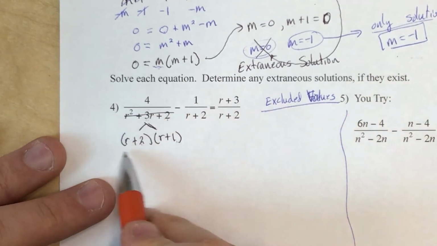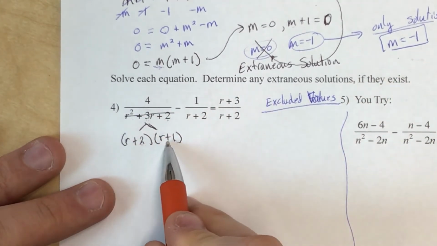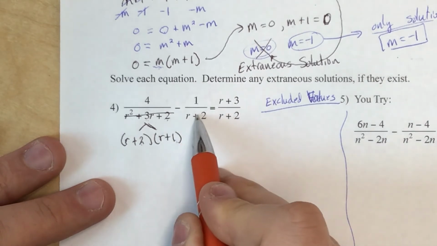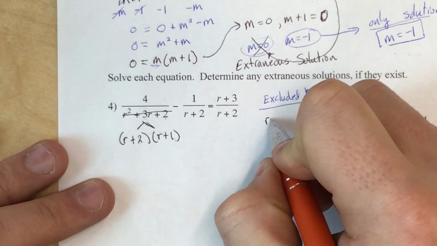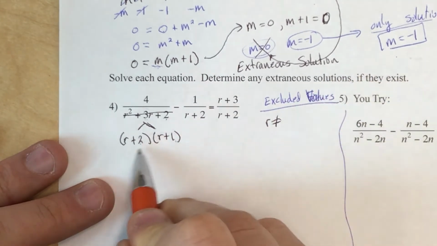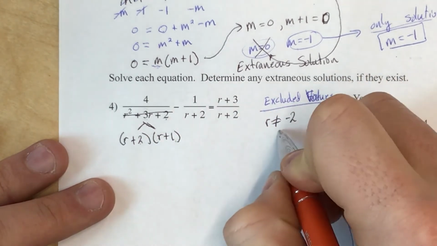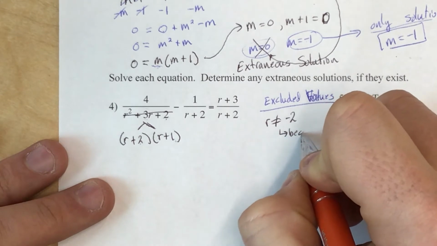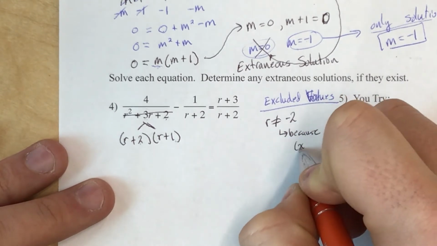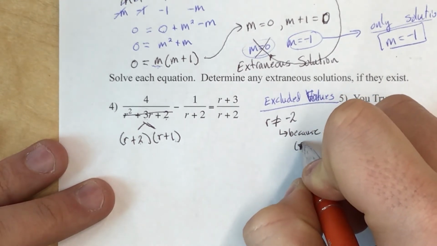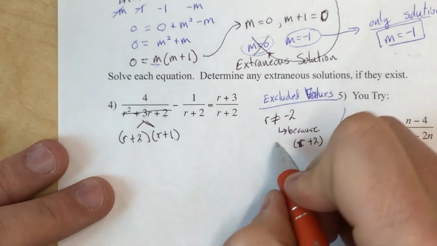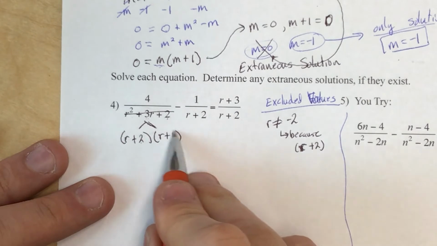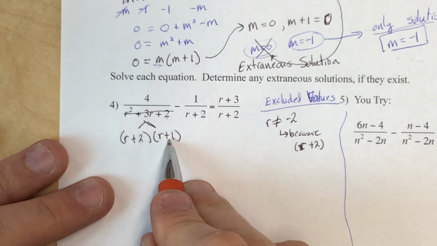I'm going to eliminate the denominator and just replace it with r plus 2 and r plus 1. There's already an r plus 2 in these other ones, so the excluded values: r cannot equal, for this first one, -2, because of the factor r plus 2, because -2 makes that a 0. Also, another excluded value is r equal to -1.